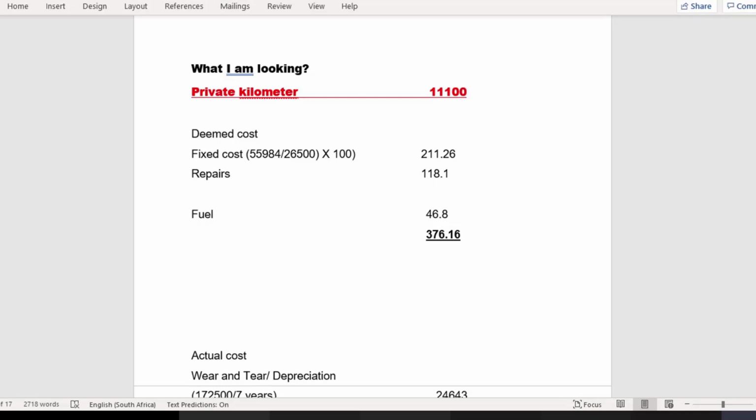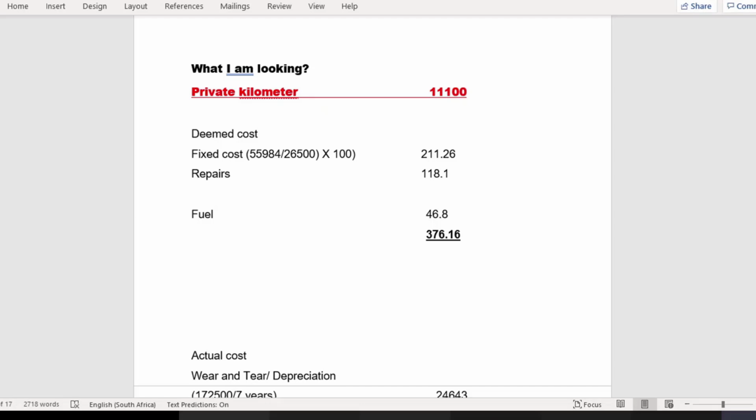So basically what you do is, to get the deemed cost, you look at the line item for the travel allowance, the cost of the vehicle, and see how much it ranges from and to.